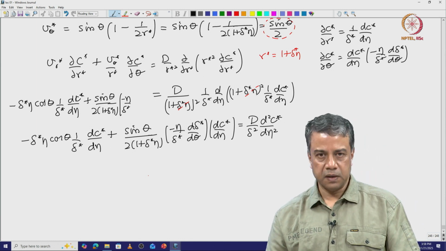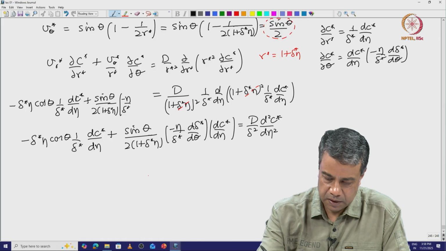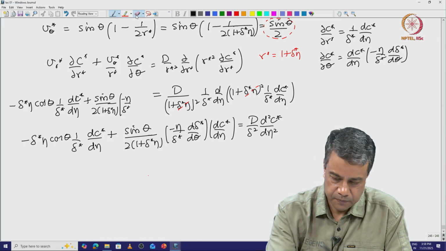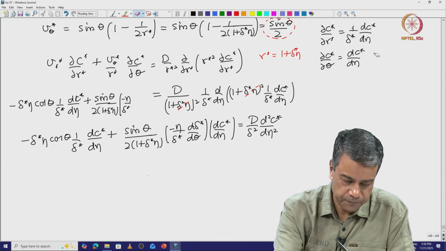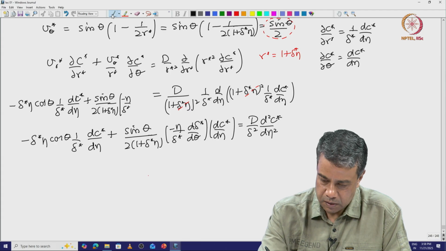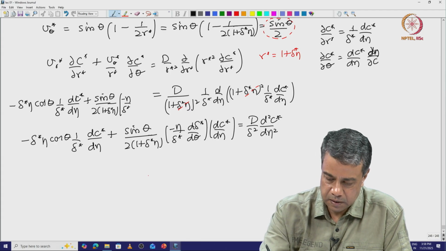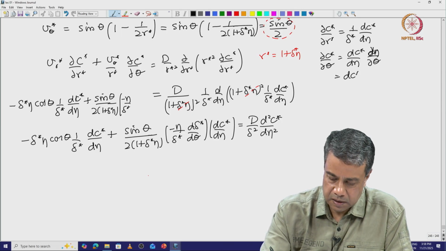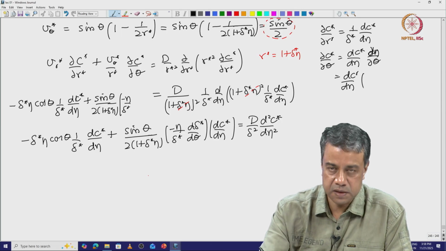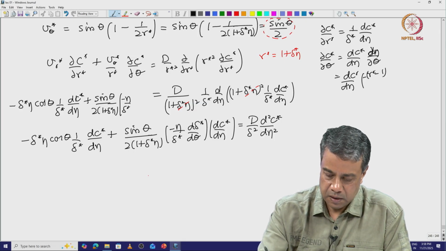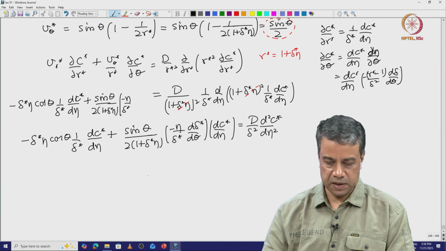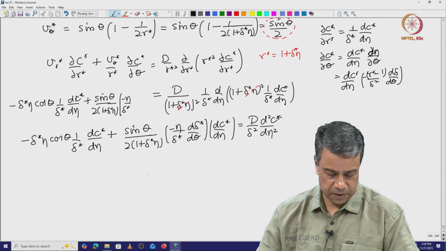This one I had derived for you earlier. So, this becomes partial of eta by partial theta is equal to d C star by d eta into eta is r star minus 1 by delta. So, I will get minus of r star minus 1 by delta square d delta by d theta, which is minus eta by delta d delta by d theta.